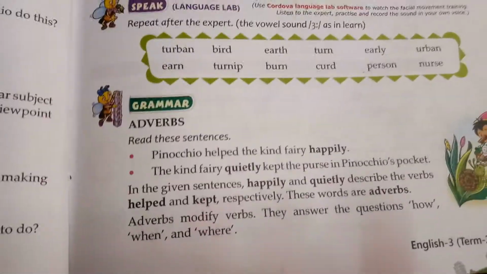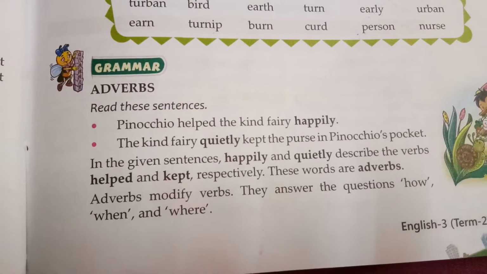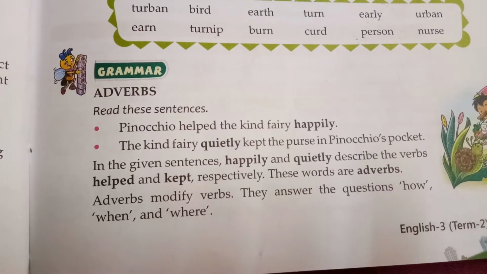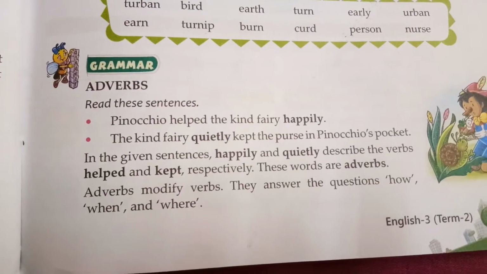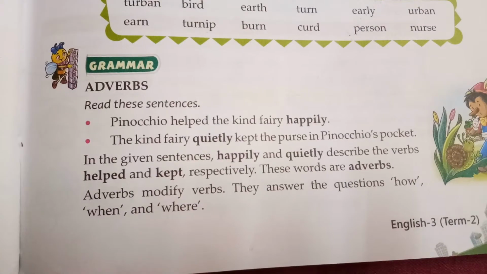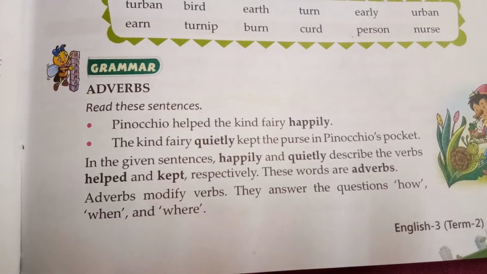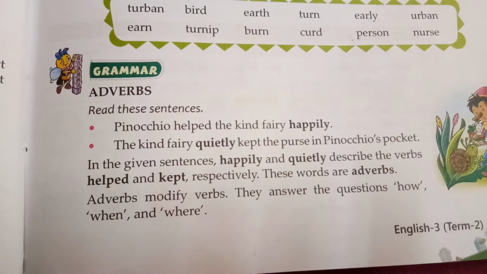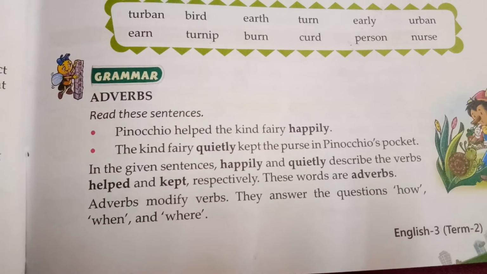Now, come to page number 47. Here, page number 47, children, grammar part, we have to do adverbs. Children, what adverbs are? Adverbs are the words which add something to the verb. So, the name itself tells you that I add something to the verb.